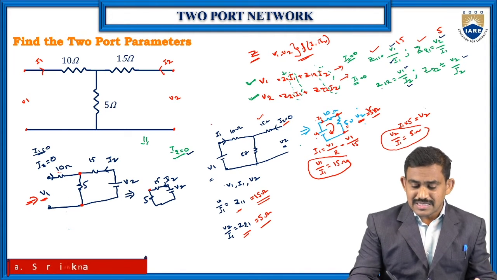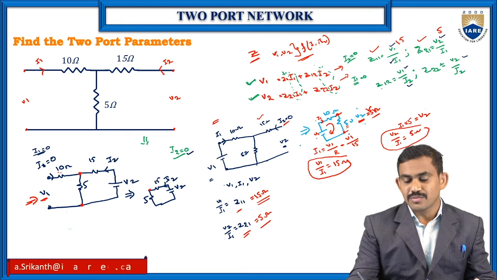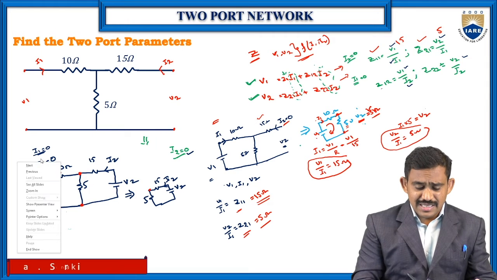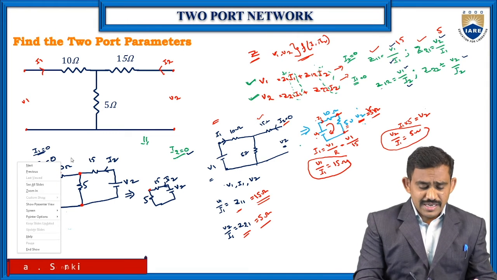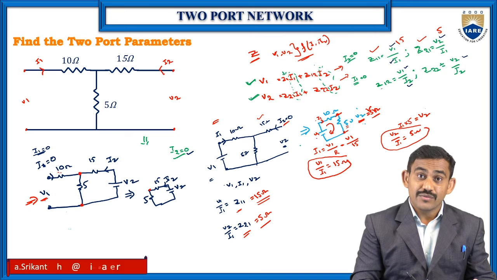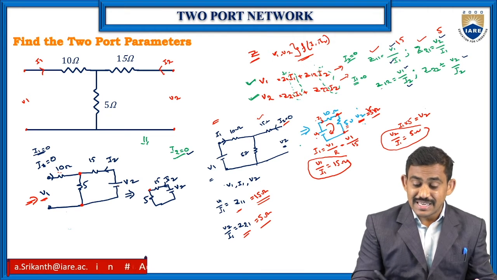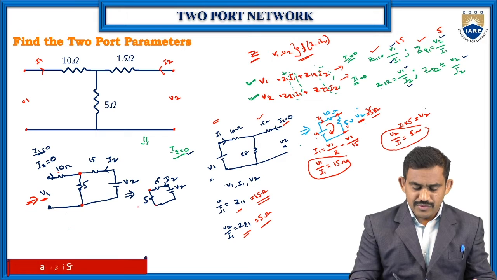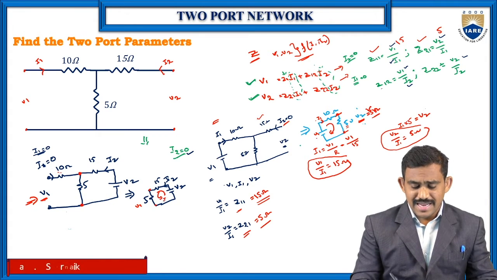In the I1 equal 0 condition, at the 5 ohms we have the V1 voltage. Here V2 is acting. Now how many loops do we have? Again only one loop, that is the I2 current.